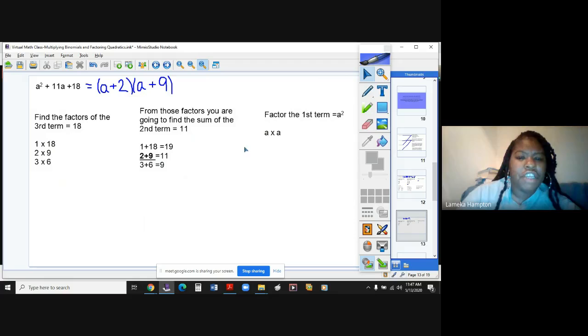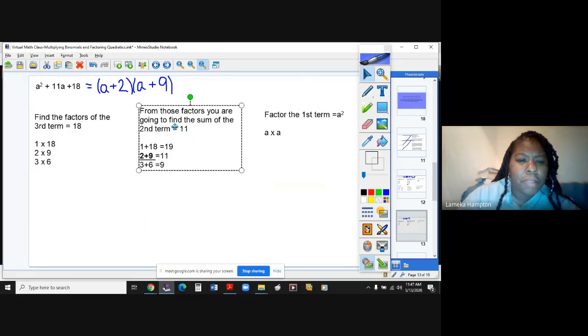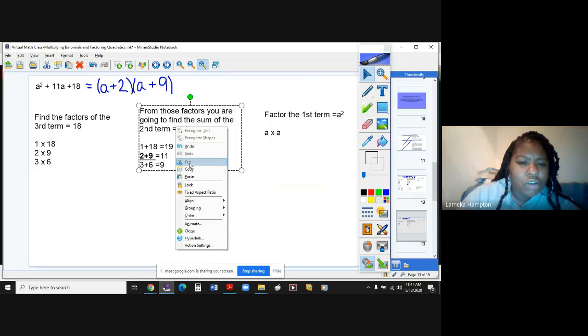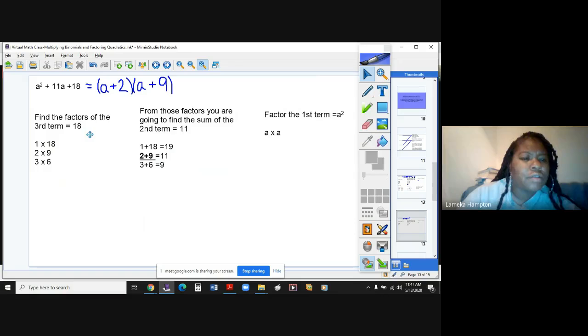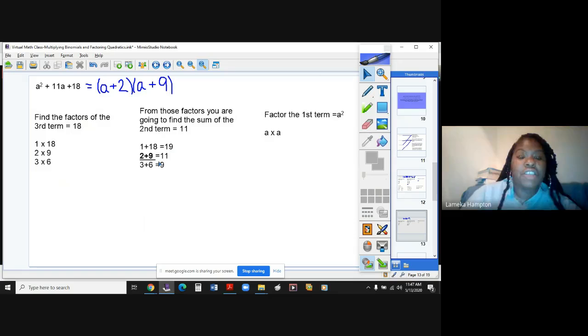Okay. So again, I want to show you where I came up with these numbers. Trying to make sure these things stay in place. Okay. So I have my A here.